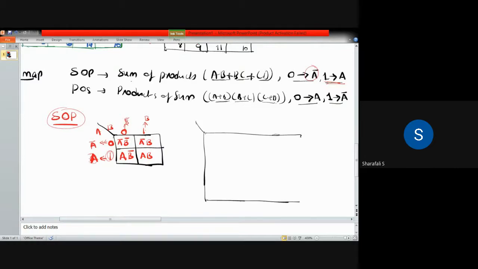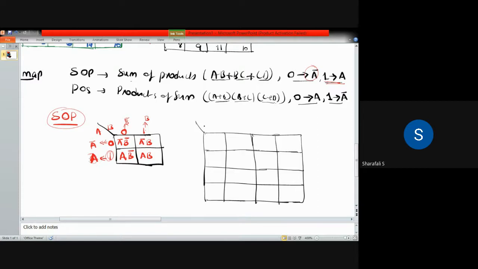So if you consider four variable, just consider that the drawing is not that good. Anyway, so this is a four variable K map. I am representing AB here, CD here.